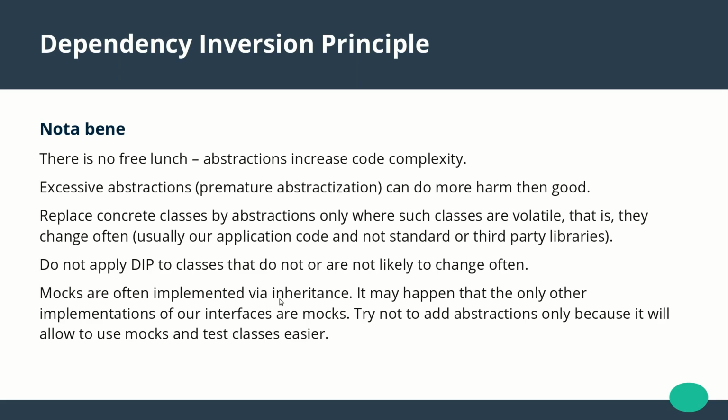It sometimes happens in projects that the only other implementations of your interfaces are mocks. You have one implementation used in production, and another implementation that is a mock for unit tests. That's not really bad, not terrible, but not good either, although it happens.